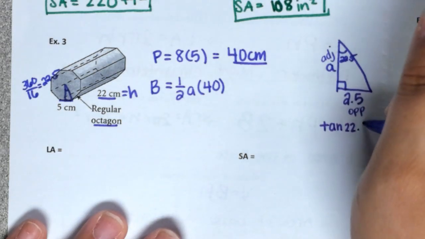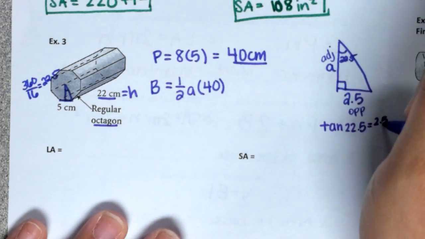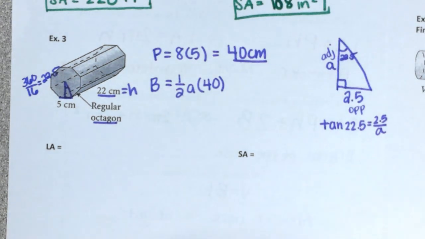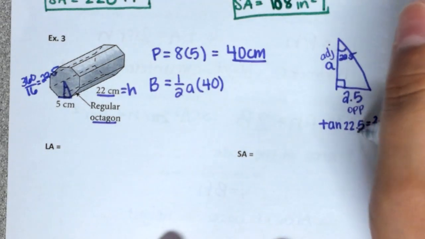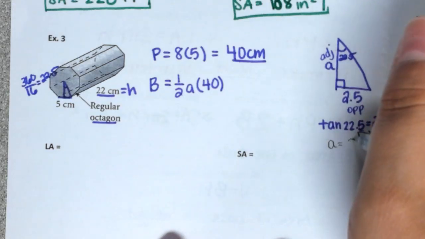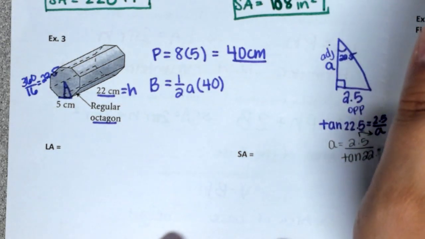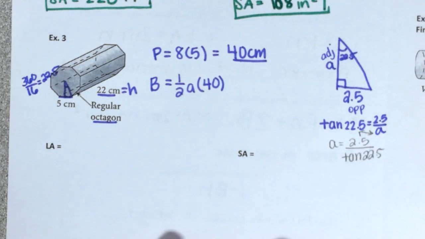The tangent of 22.5 equals opposite over adjacent. 2.5 over A. What do I do? Switch. And put that in your calculator. 2.5 divided by the tan of 22.5. And I'm going to label that as little a.